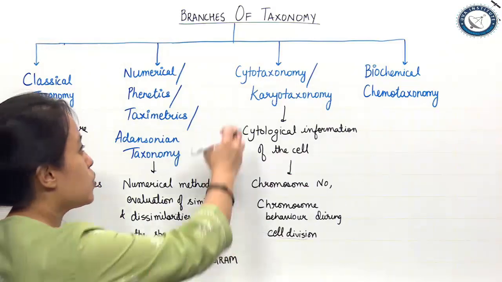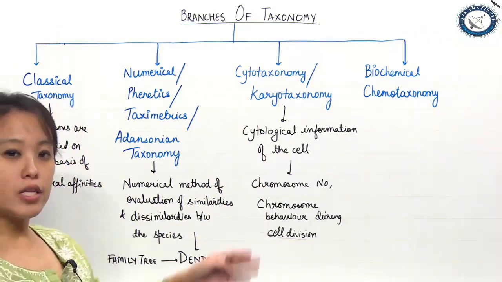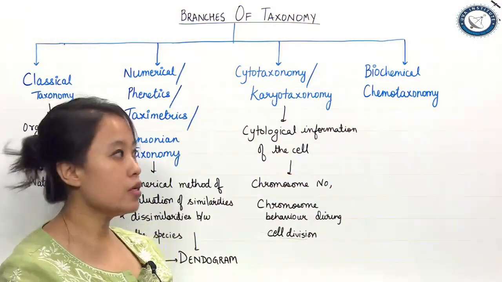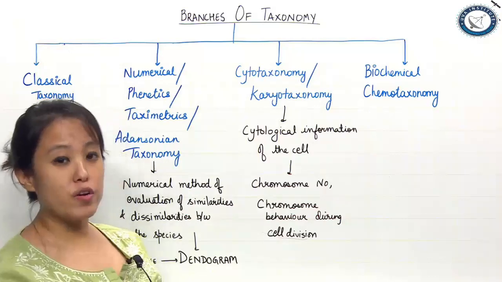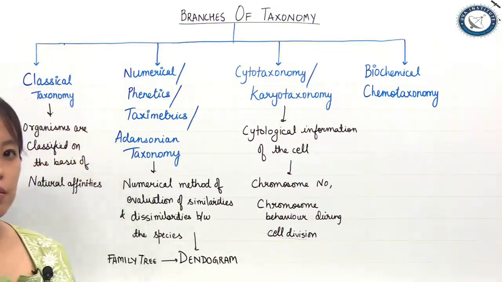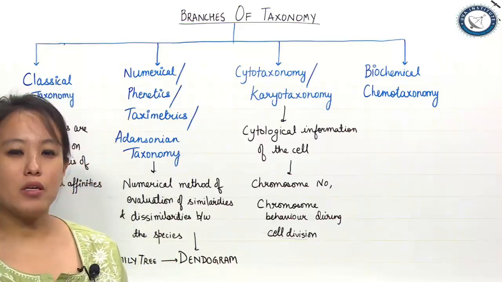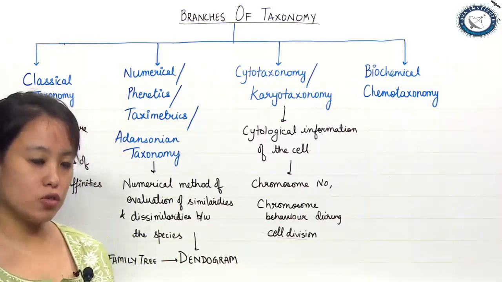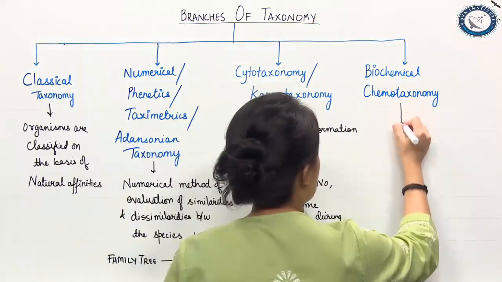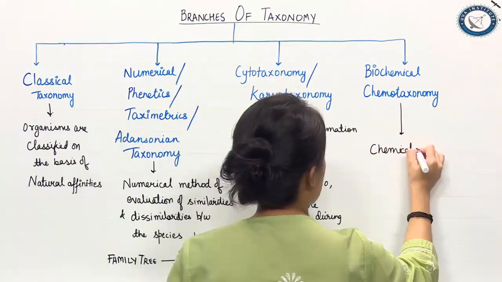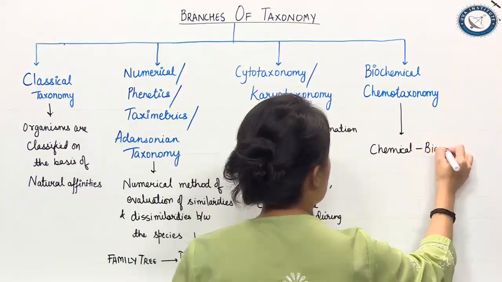Okay, so this is what we have dealt with so far. Now last but not the least, we will be dealing with biochemical taxonomy, or chemotaxonomy, which is very much in use these days. As the name suggests, it deals with the chemical, or you can say biochemical, nature.